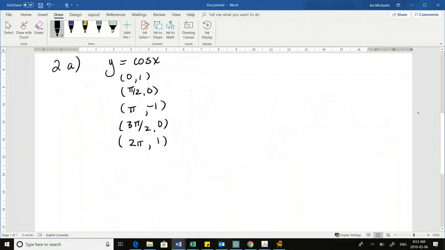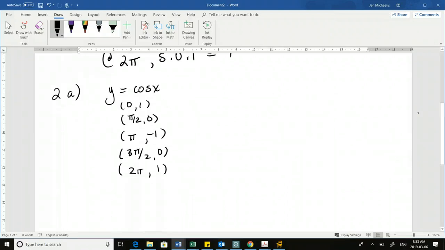When I have the function y equals negative 4 cos x, what is the transformation that's happening to this function here? A vertical stretch by a factor of 4 and a reflection over a horizontal axis. So we have a stretch by a factor of 4 and also a vertical reflection. Basically I'm taking all my y's and multiplying them by negative 4.